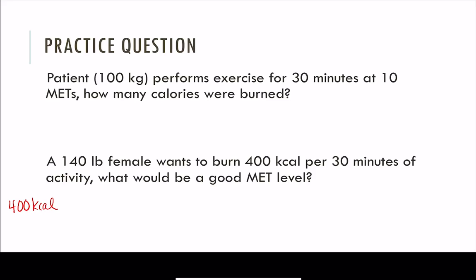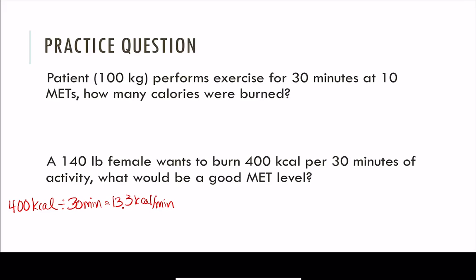So let's first just divide out the time so we can get kilocalories per minute. So let's divide by the 30 minutes. So during this activity, she was burning 13.3 kilocalories per minute.